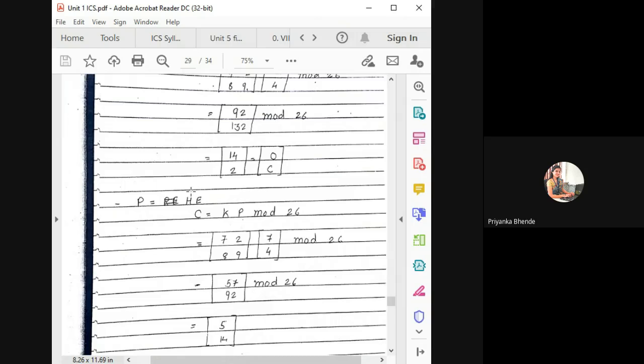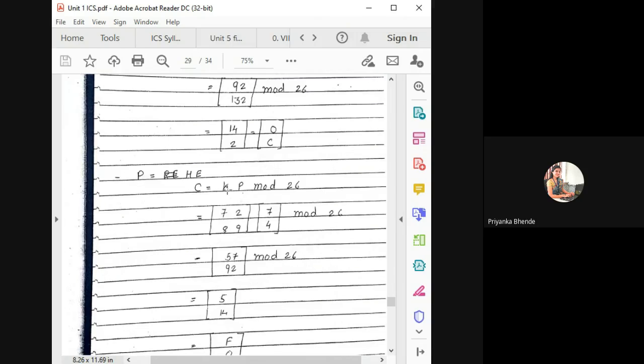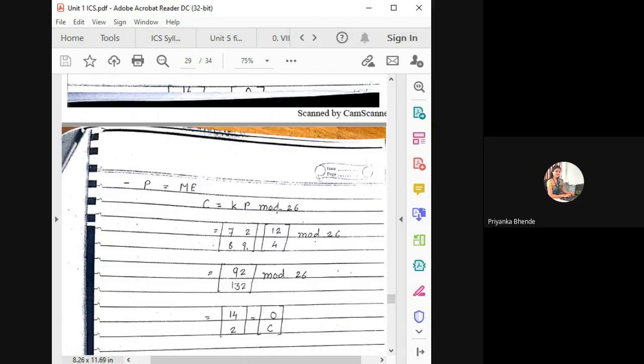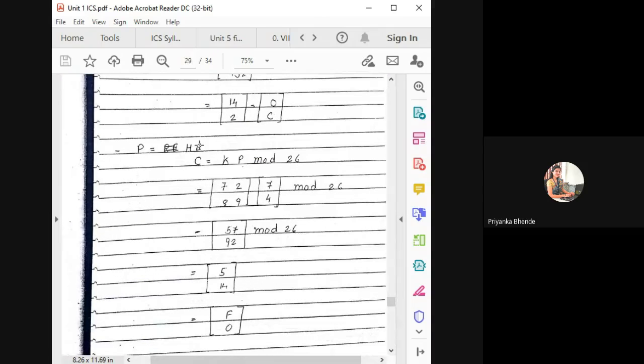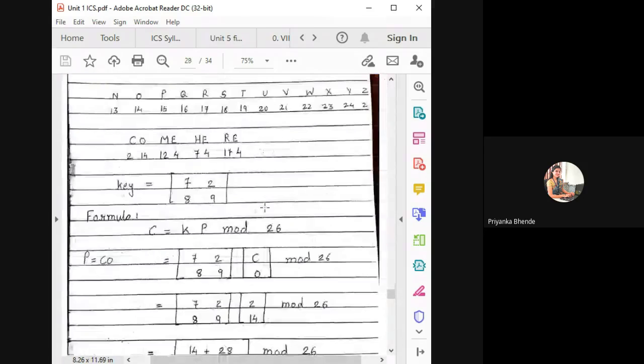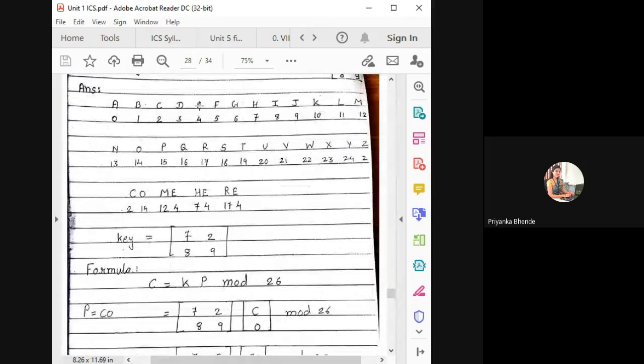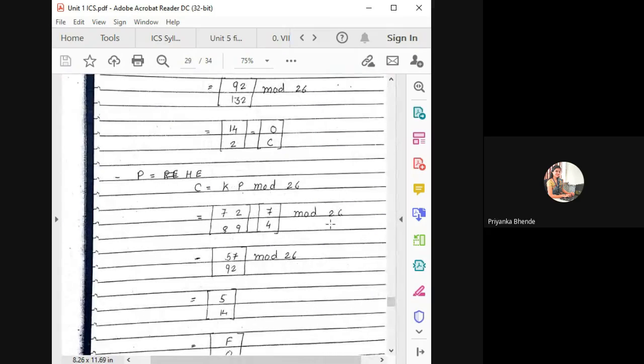Similarly, for the third pair, that is H and E, we put the values in the formula. The given key is 7289 and the plain text is H and E. The corresponding value of H is 7 and the value of E is 4, mod 26.